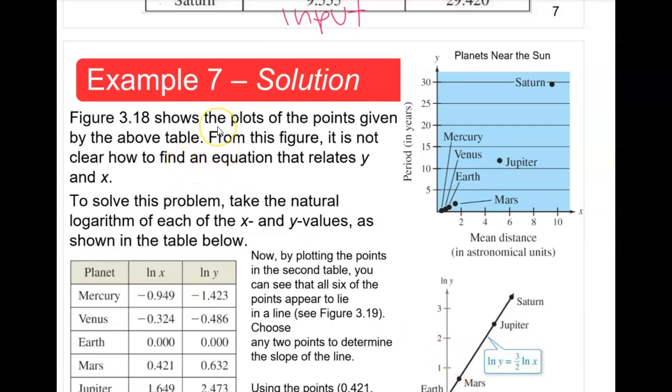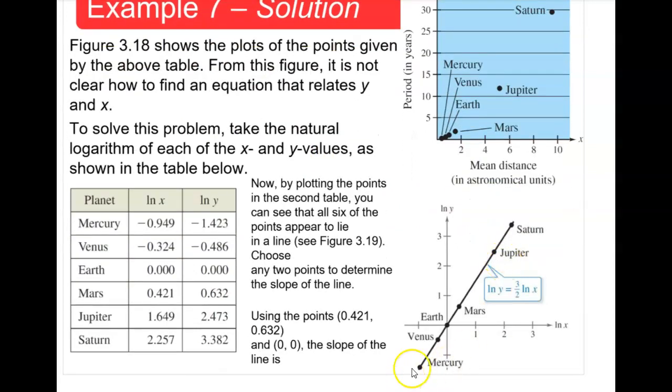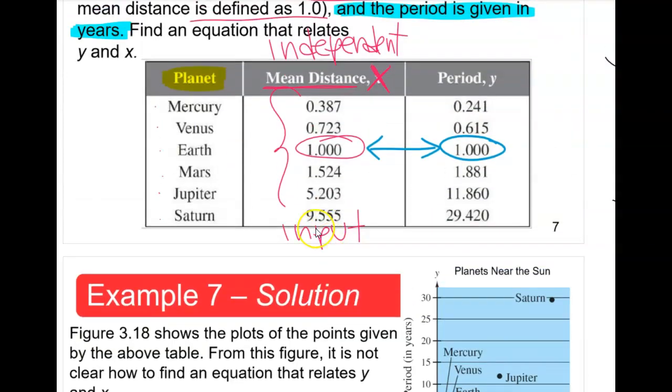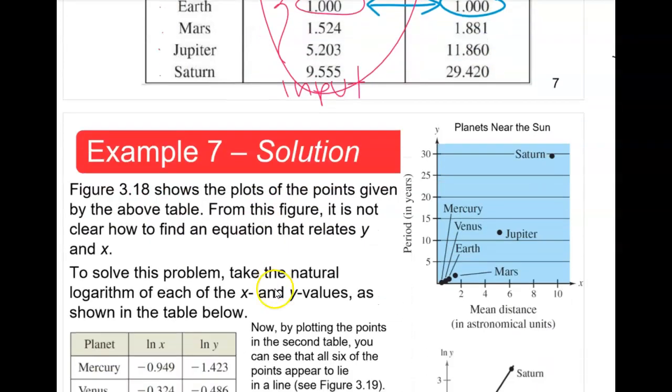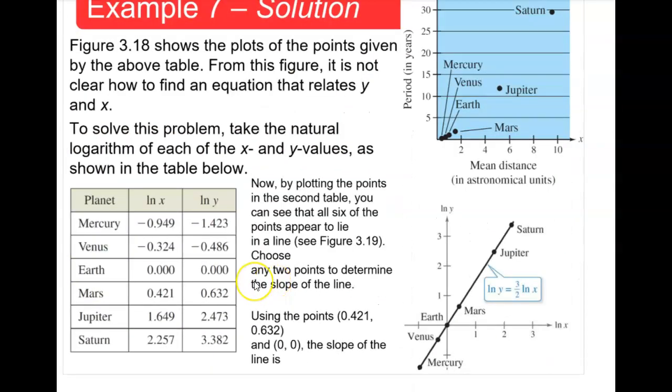And so if you look here, the figure 3.18 is showing the plots of the points given by the above table. Okay, actually might be this one here. Yeah. So if you look at the x values that we had, to get the values that you have here, the natural log was taken.